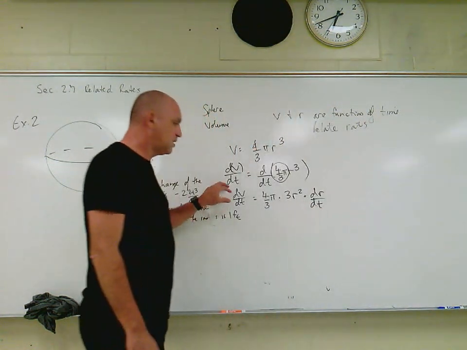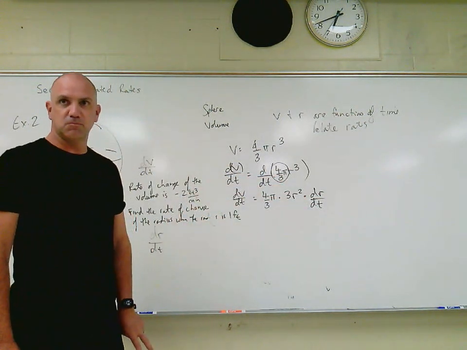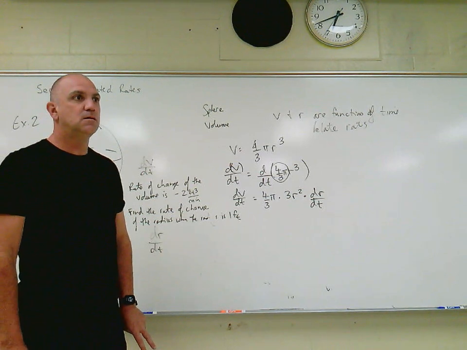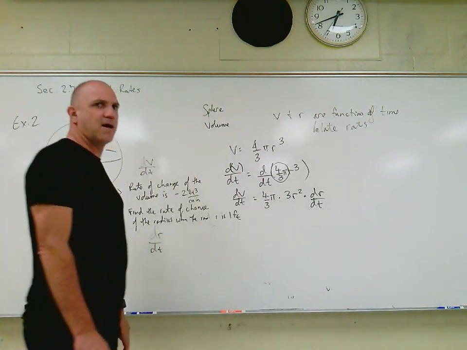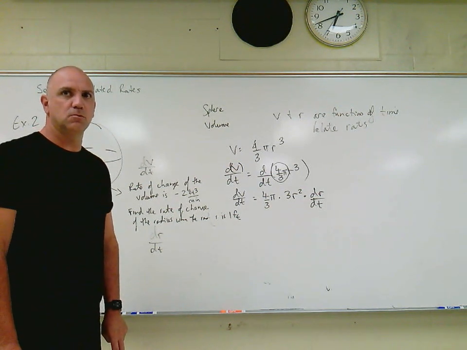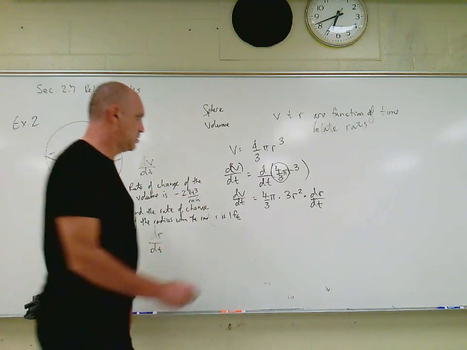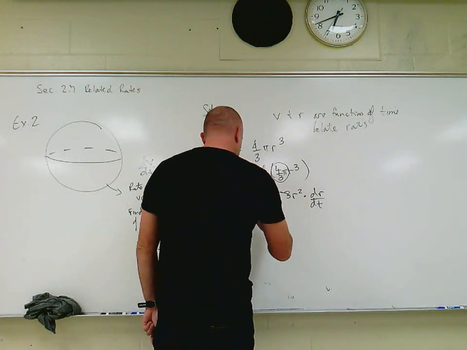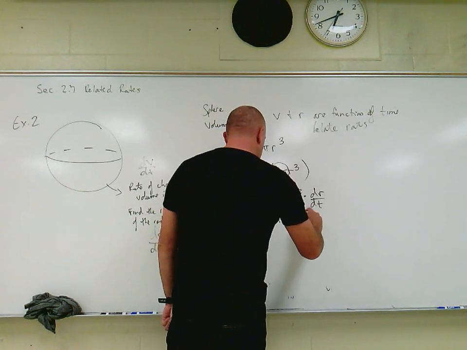And this is how the speed of the volume and the speed of the radius are related. It's miserable looking, but that's it. So now, what little math could you do real quick? What could you cancel? Threes. It would be dV over dt equals 4 pi r squared dr over dt.